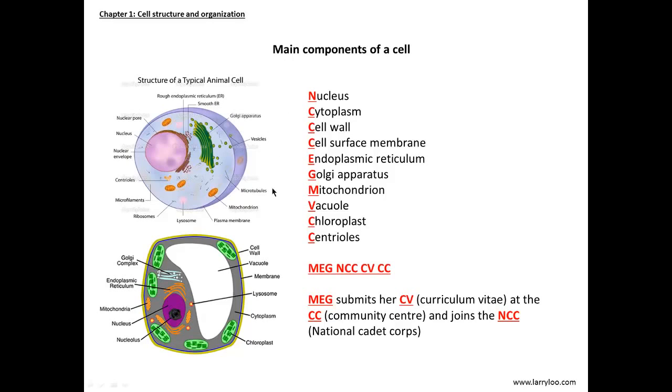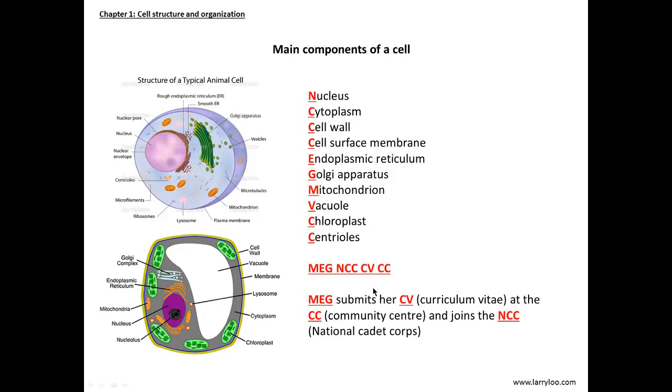Let's group the first letters of the structures together. In that case, we get M, nucleus, cytoplasm, cell wall, cell surface membrane, endoplasmic reticulum, Golgi apparatus, mitochondria, vacuole, chloroplast, and centrioles. So grouping the first letters of the structures together, we get MEG, NCC, CV, CC.